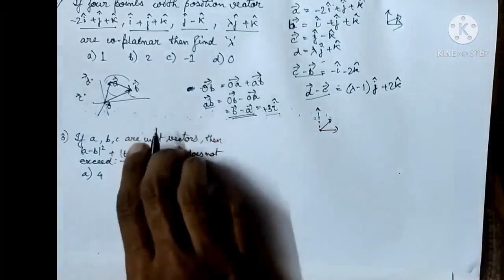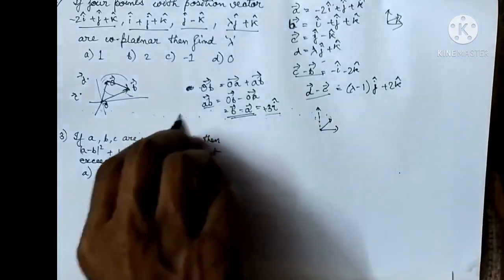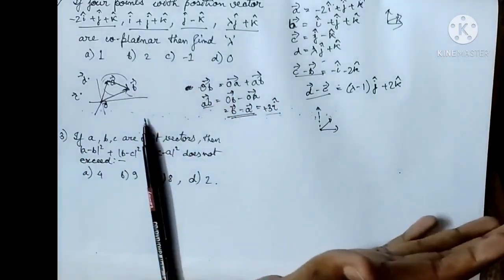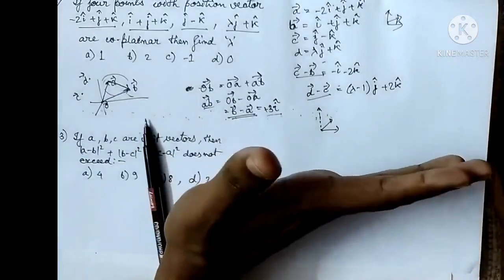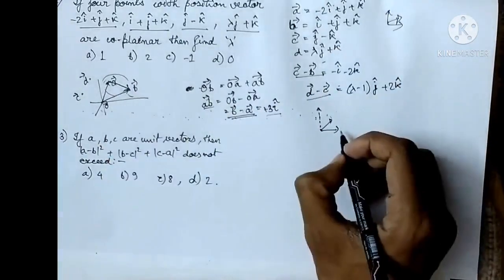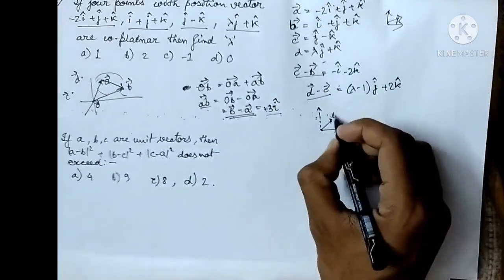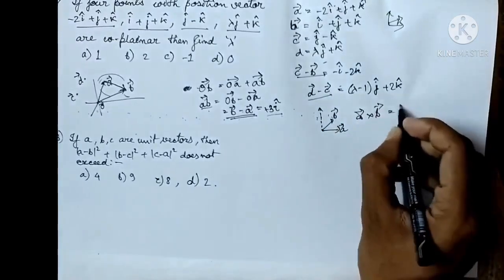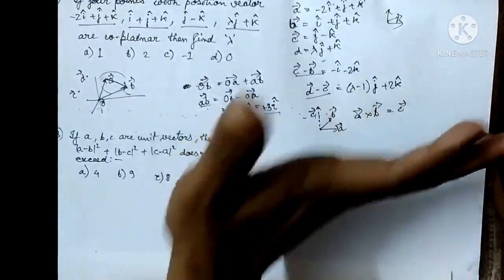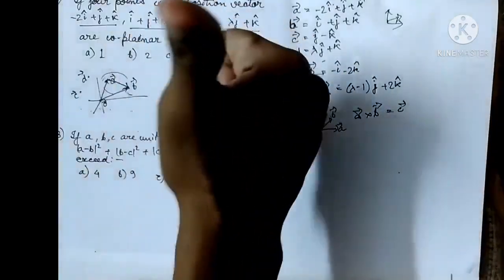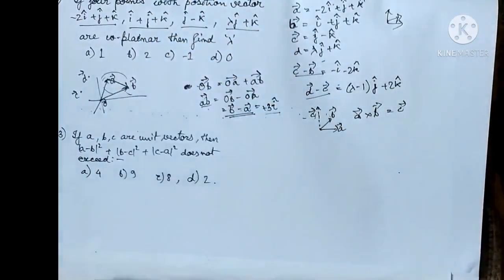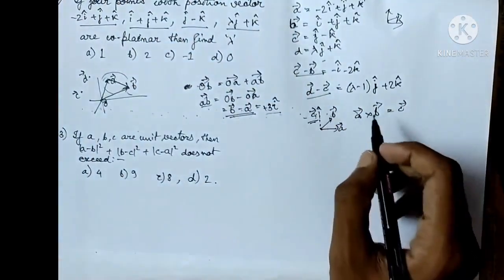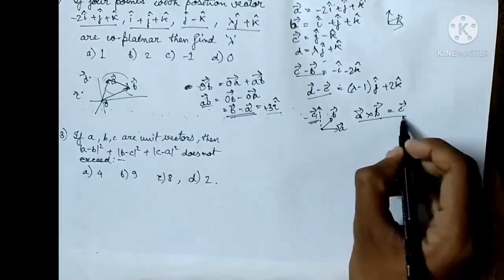We can find the direction of this one by the right hand thumb rule. Turning from this vector, maybe call it the A vector, to the B vector, A cross B gives us the upward direction. So this is the C vector in the upward direction. So A cross B gives us a C.